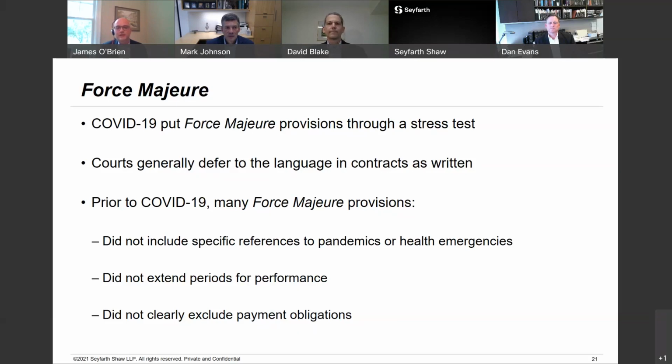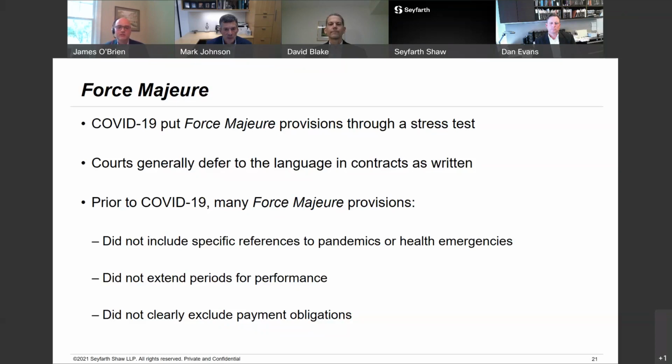There are a number of recurring, I wouldn't say necessarily flaws, but maybe inconsistencies in how force majeure provisions were drafted. It's a kind of doctrine that until March of 2020, no one ever thought would ever really be used. It was an afterthought in many contracts, and now it's under intense scrutiny. So, you weren't seeing specific references to pandemic or health emergencies in most clauses, although in some I did encounter it.